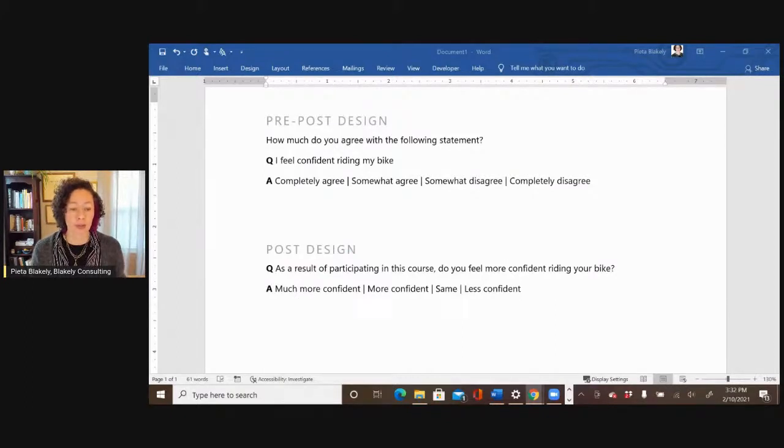Now, the first thing that would have happened when you collected data like this is you assigned values to those answer choices. And you did it whether you've been taught to do it or not, but you probably would have assigned the number 4 to completely agree, 3 to somewhat agree, 2 to somewhat disagree, and 1 to completely disagree.